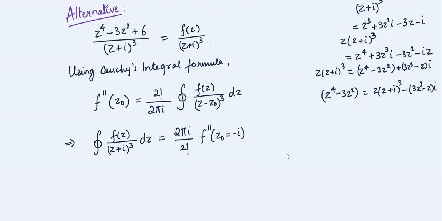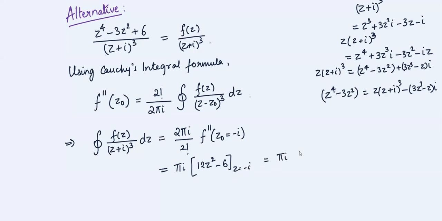So the same as what we did, this is pi times i, double derivative 12z square minus 6, at z equal to minus i.